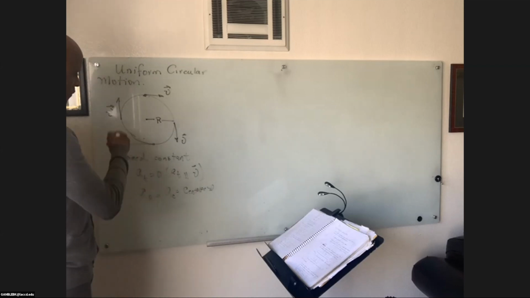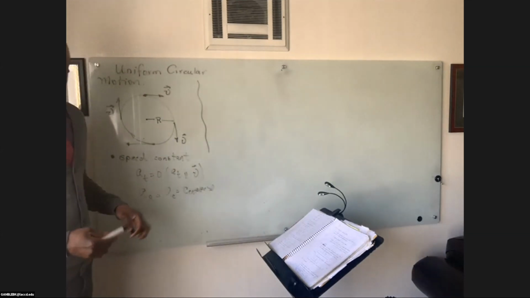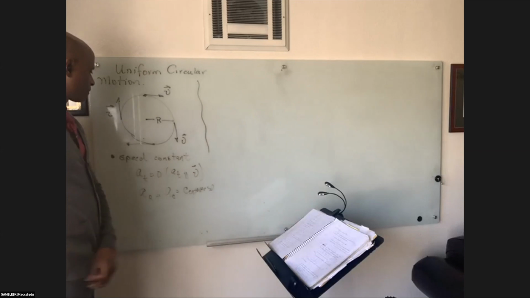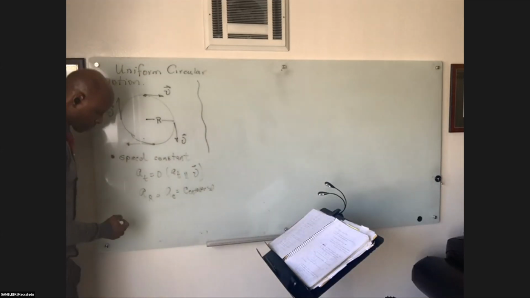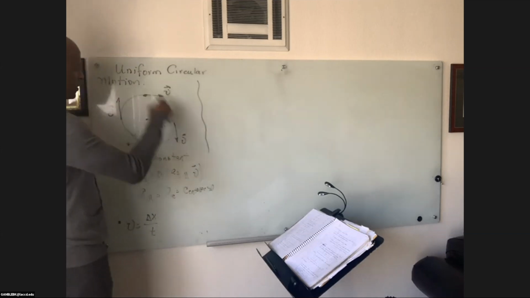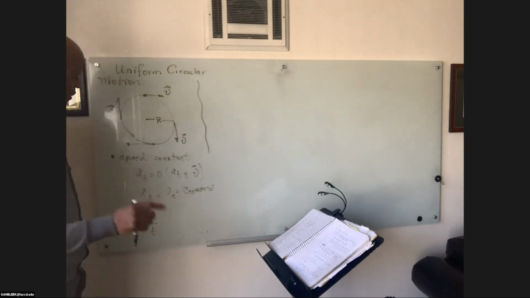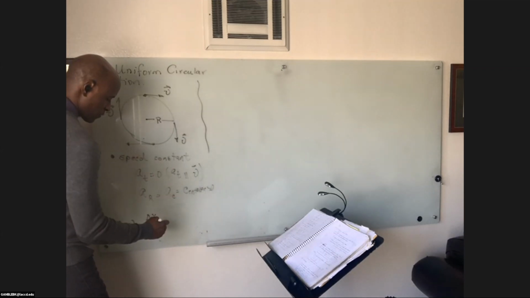Right now, let's focus on the speed, and we can develop some equations associated with speed. Considering speed, it's delta x over delta t. But whenever we're moving in a circle, if we consider one rotation, the distance covered in one rotation we call the circumference.